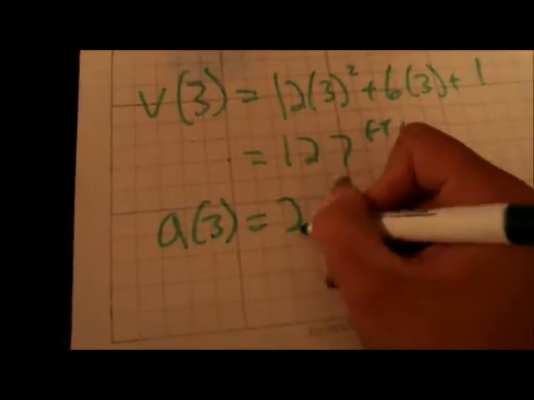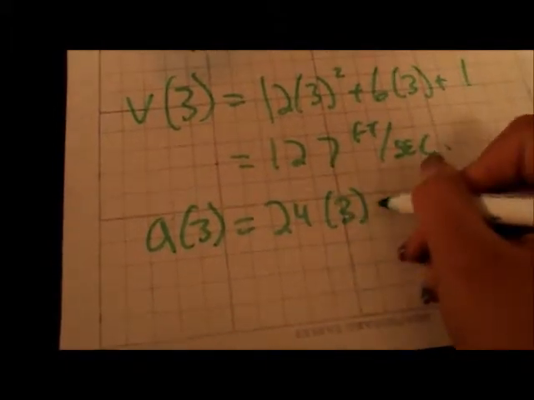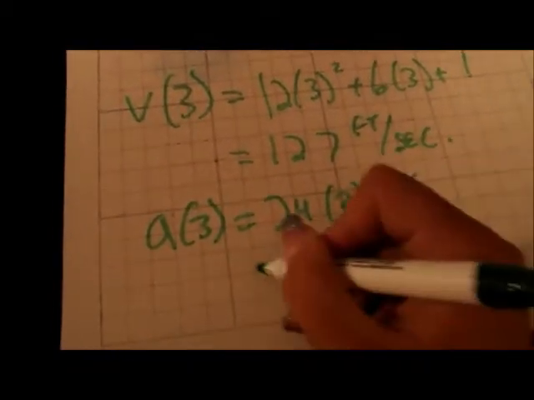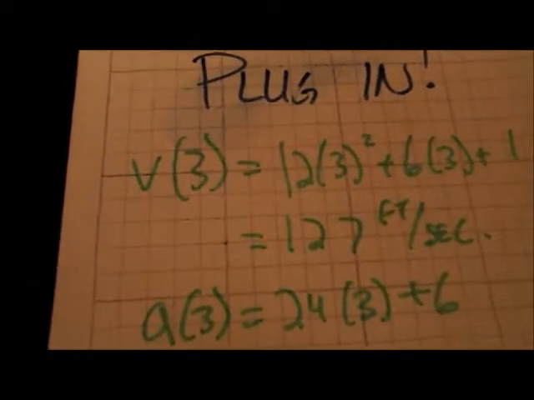And acceleration is equal to 24 times 3 plus 6, which is equal to 78 feet per second squared.